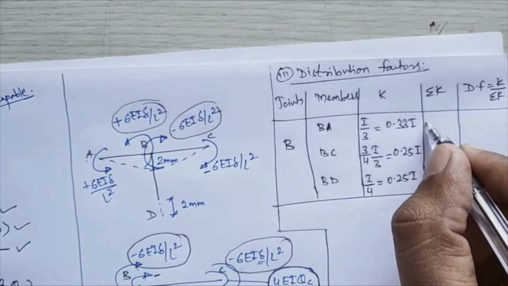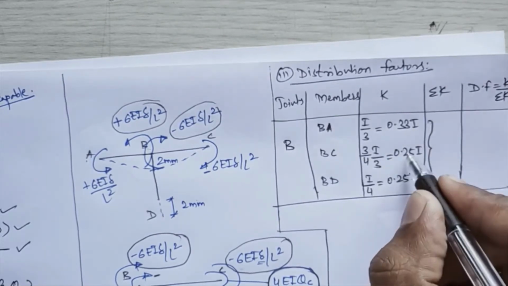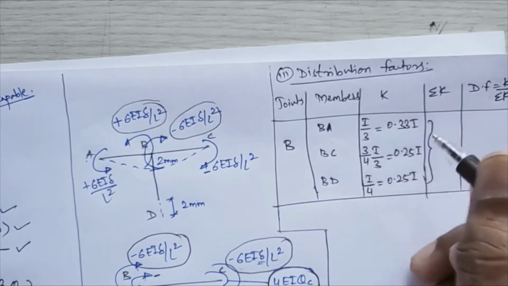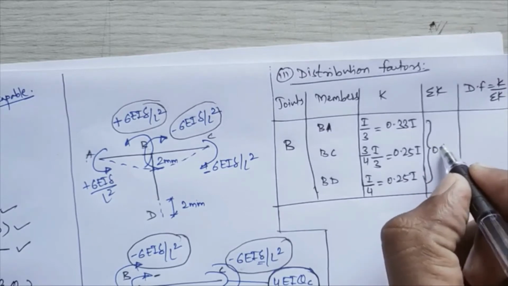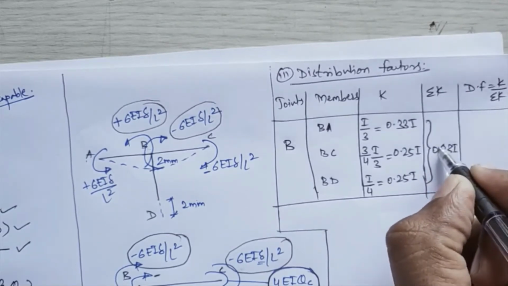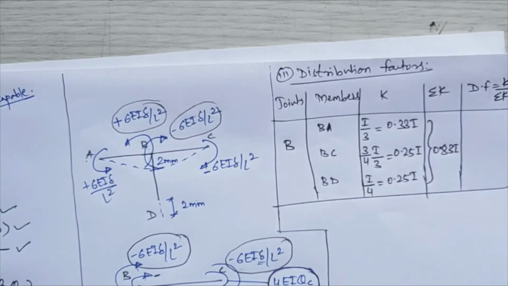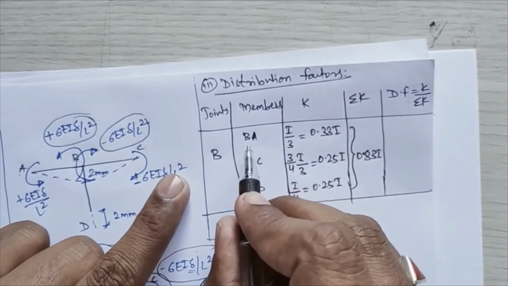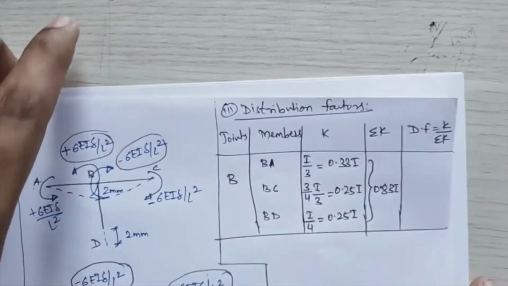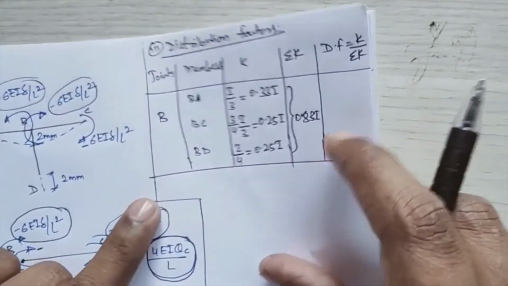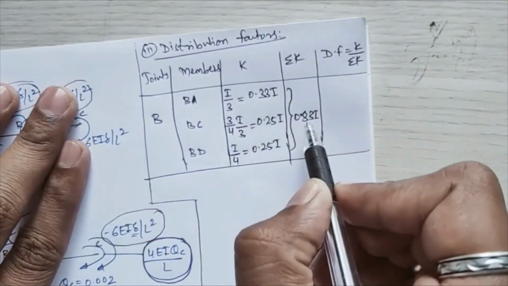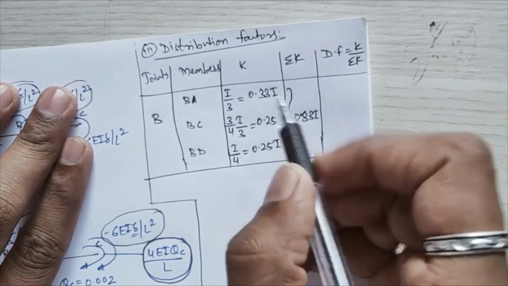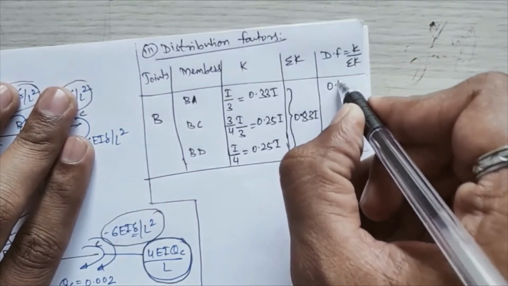Total stiffness will be the summation of all these 3 values, that is 0.25 plus 0.25 plus 0.33, that comes equal to 0.83 of I. Now we will calculate the distribution factor for each member. For the first member BA, DF is equal to K upon summation of K, that is 0.33 divided by 0.83, I gets cancelled here, so this comes approximately equal to 0.4.